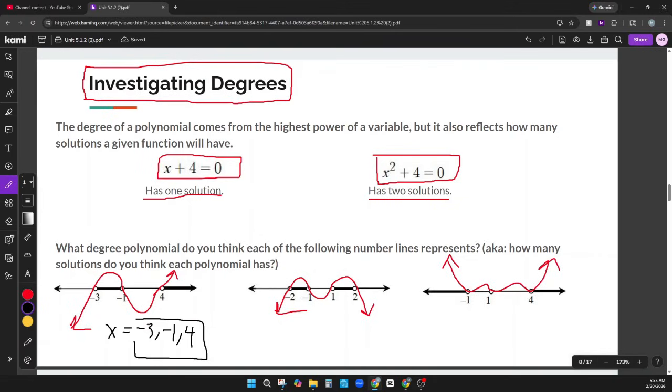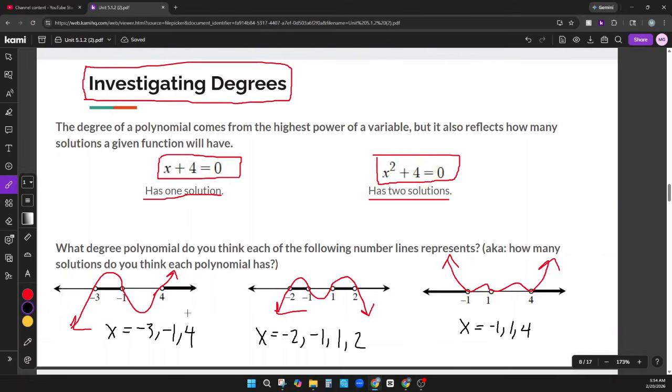When I plug in 0, I get three different solutions. When I do the same thing and ask the same question with my second example, I get my line crosses through my x-axis at -2, -1, 1, and 2. And here I get x is equal to -1, 1, and 4.